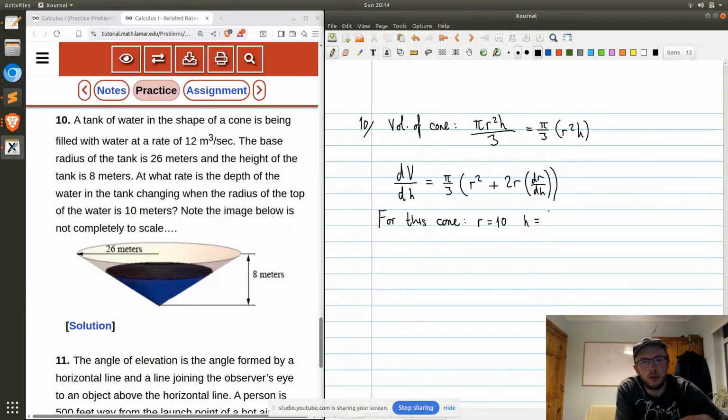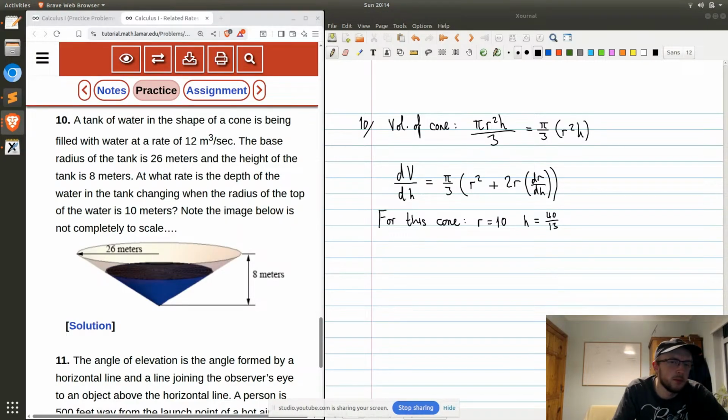So you divide that by 26 and times it by 10. Forty over 13. Am I even thinking about this right? All this just to get dr by dh.